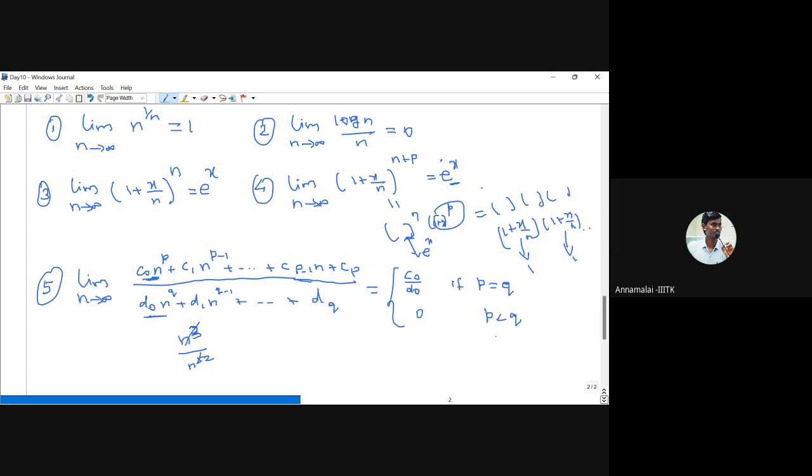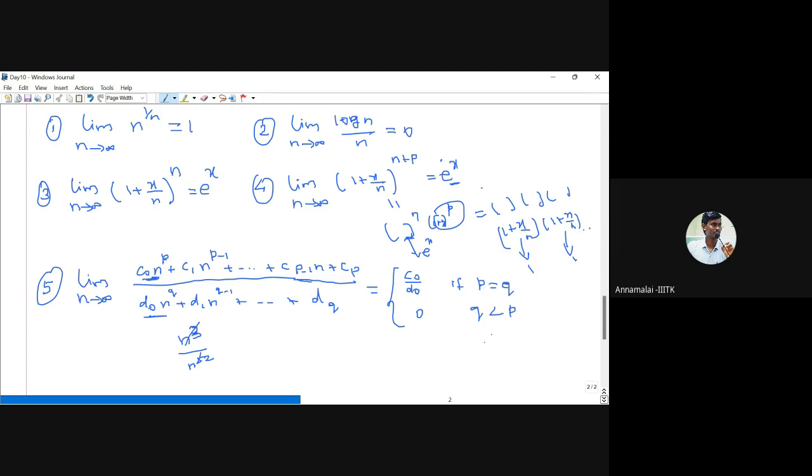When the numerator is smaller than the denominator, it goes to 0.